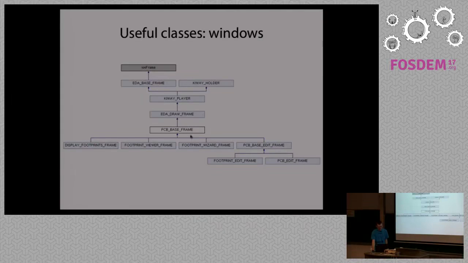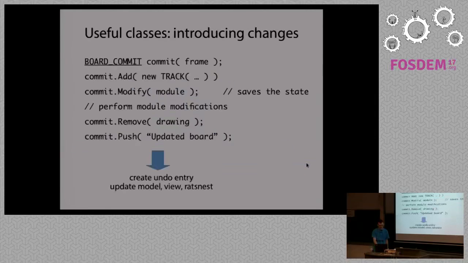So here again, I had to restrict the hierarchy only to the board related classes, but it's also, I think, quite clear what every class does. And most likely you are going to work with these two guys. One is the footprint editor, and the other one is the layout editor. And usually this is the place where you add your tools.